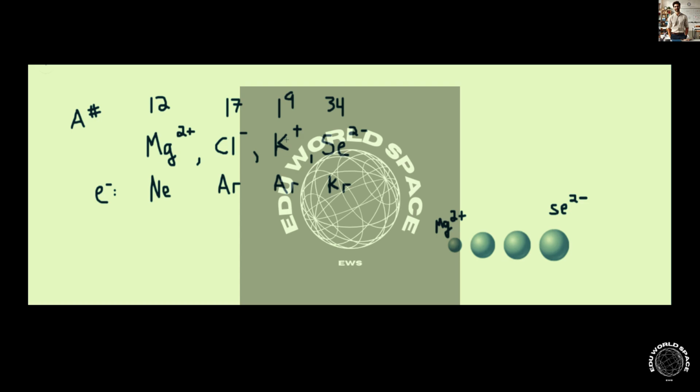So because potassium has a larger number of protons, it'll have a greater effective nuclear charge, a greater attraction with its electrons, and therefore a smaller atom. One more time, higher atomic number, more protons in the nucleus, greater attraction between those protons and electrons, shrinks the atom down, smaller atom. So that means potassium would be next, and chlorine would be after that.